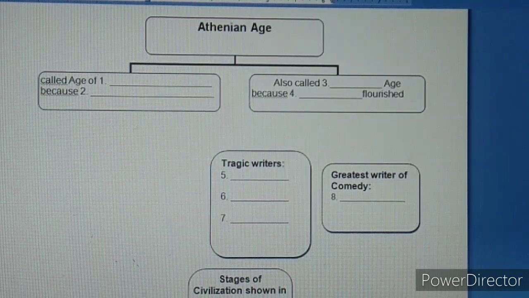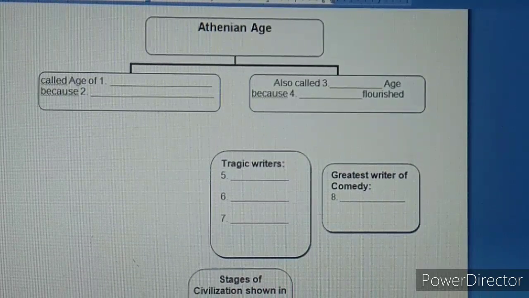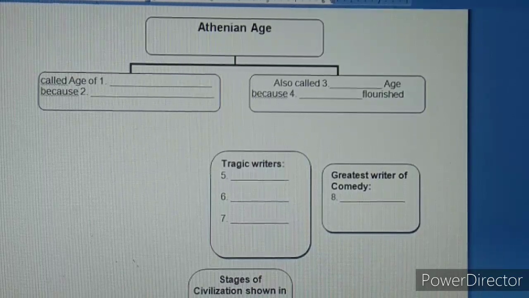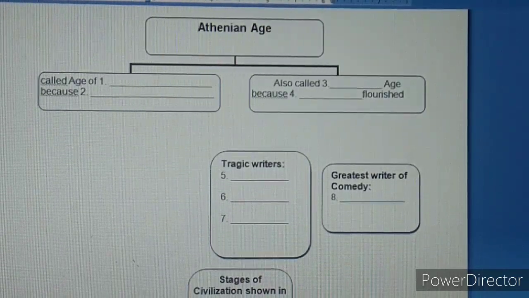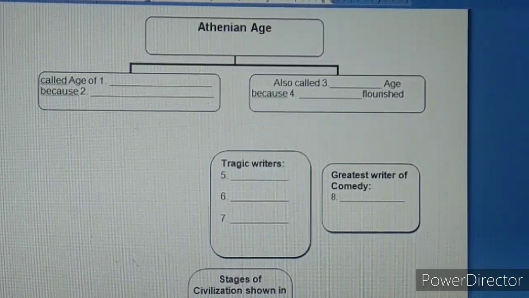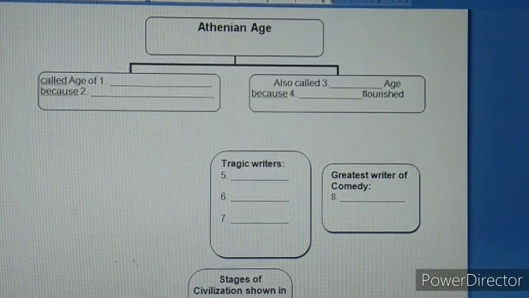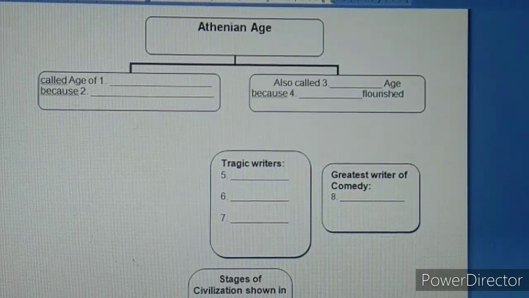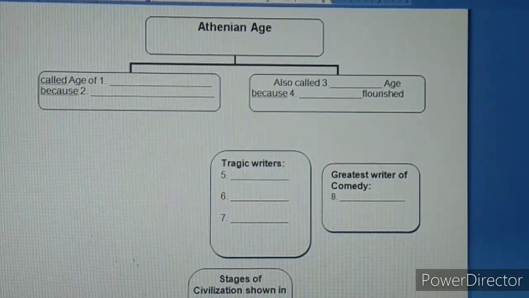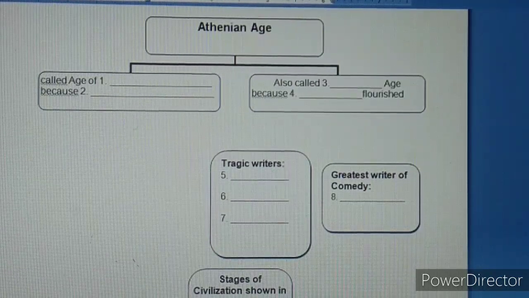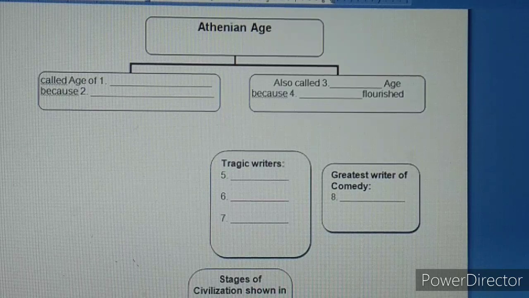Number 5, Aeschylus. 6, Sophocles. And 7, Euripides. Number 8, greatest writer of comedy, we have Aristophanes. So you really have to read the selection to get the correct spelling of those names.